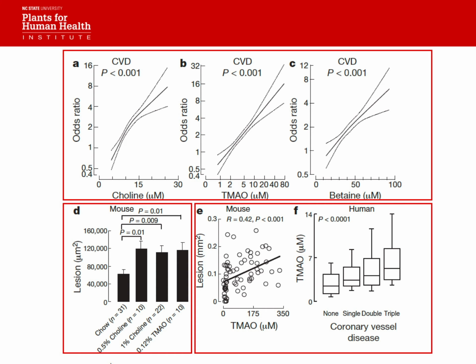So then they did an animal experiment in mice. The ones I'd like you to focus on was these are just mice fed just a normal chow diet. Then when they supplemented them with choline, you could see the overall area of aortic lesions goes up significantly. And then they said, well, can we get the same thing by just giving them TMAO? Even though we know it's formed in the diet, what if we just give them TMAO and you see the exact same thing happening?